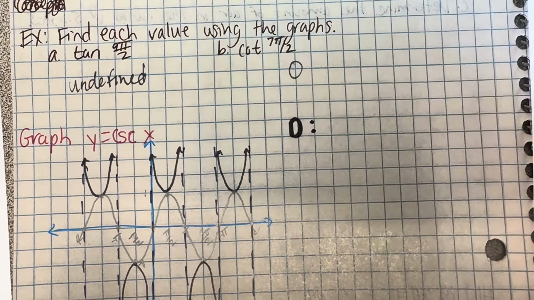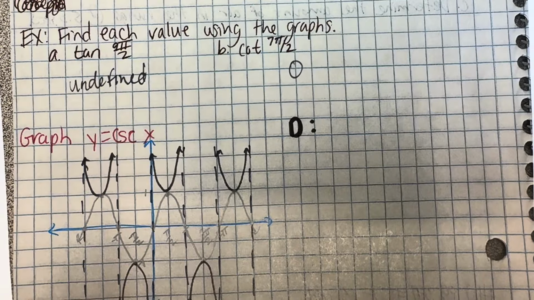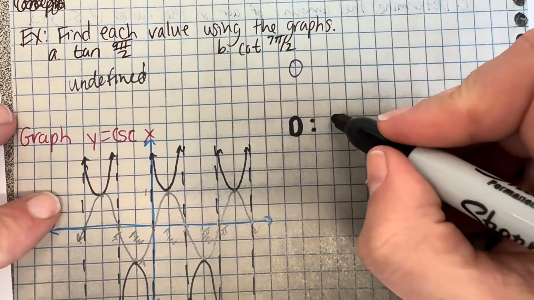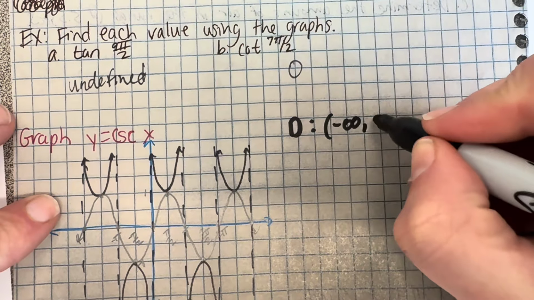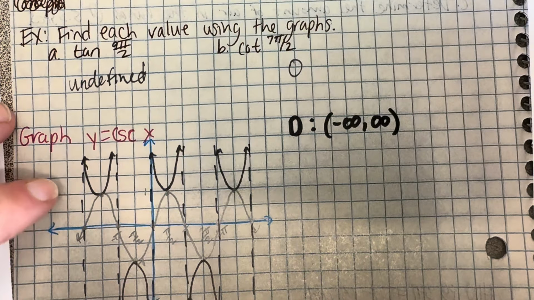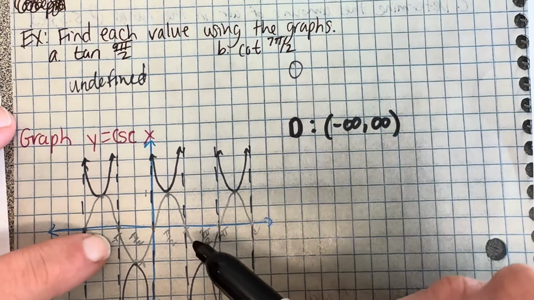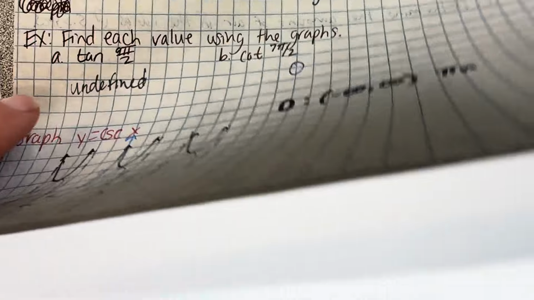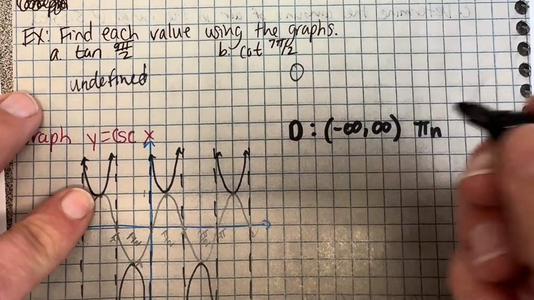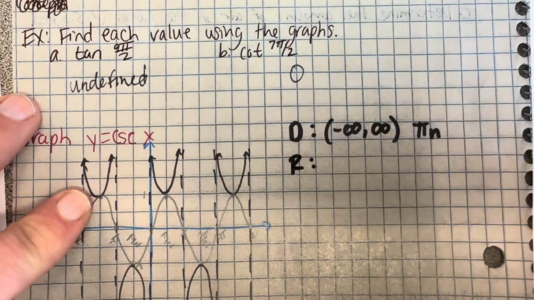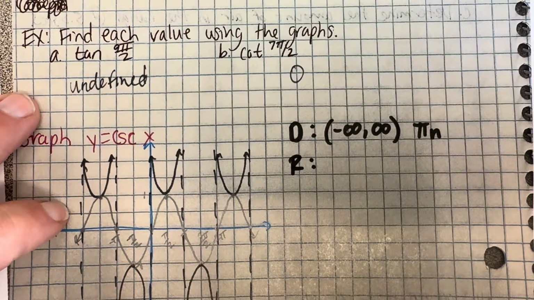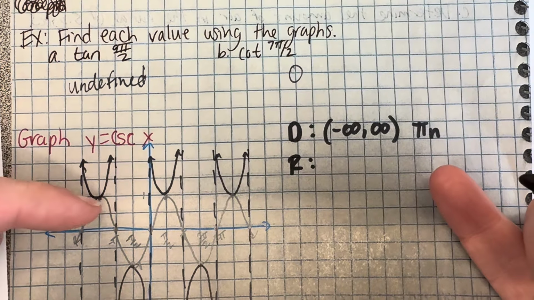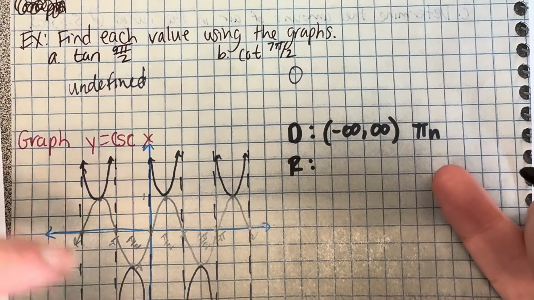So my domain, I'm going to start there. My X values. Well, it looks like it covers all of them, except for, looks like units of pi. Okay. My range, my Y values here, well, it looks like it goes everywhere from 1 and up and -1 and down.